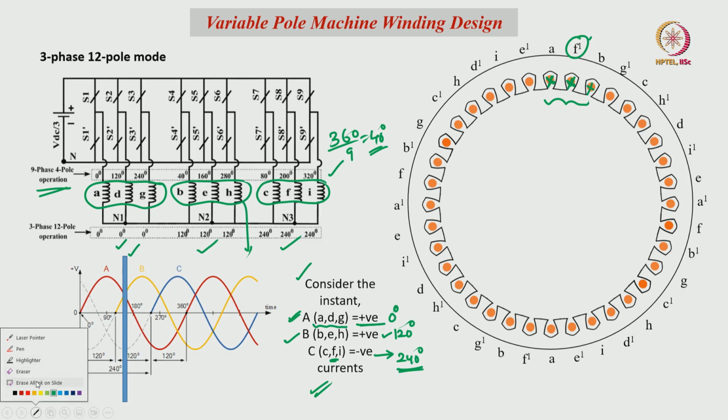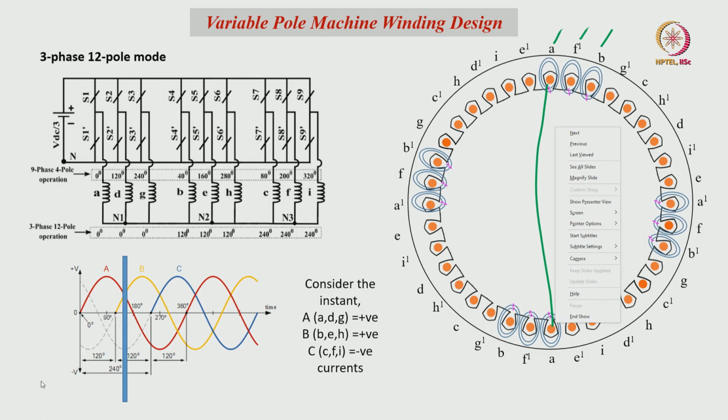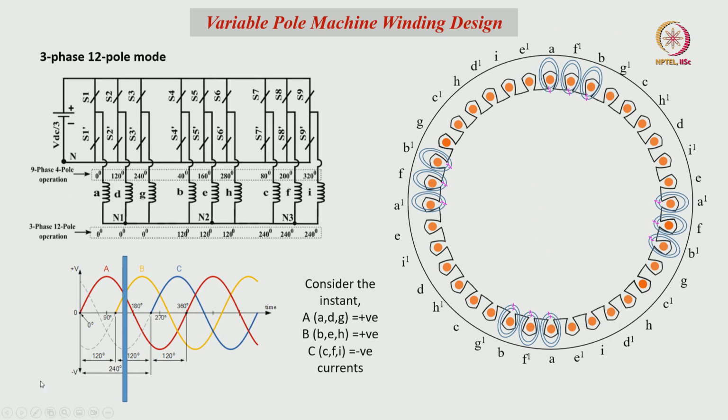All are cross, which means we can see the flux loops are in the same direction with respect to these 3 conductors, because these 2 coils are connected already and these 2 coils are connected with respect to the 9 coil pitch. Even though it is connected, we are able to make the 12 pole operation.